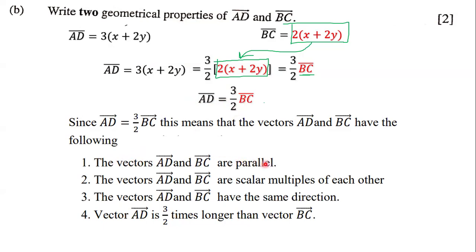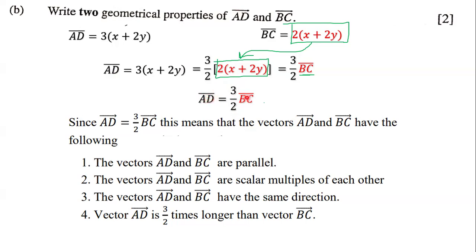We know that they are parallel because we can take one vector multiplied by a scalar, and that gives us the other vector. And so since these two vectors are scalar multiples of each other, they are parallel. That's literally what it means to be parallel.